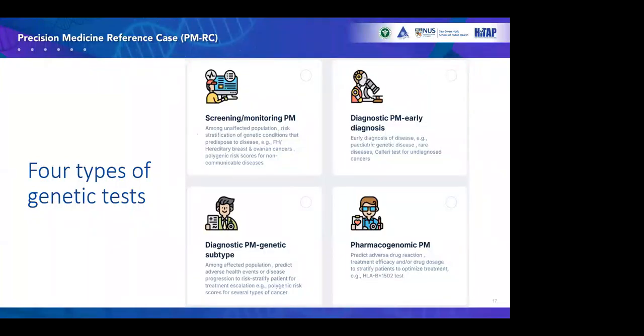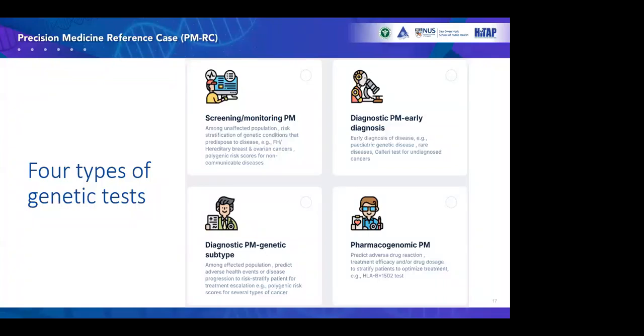After you make the decision, you will come to the next page, where there are 4 types of genetic tests. This reference case is focused on providing guidance to assess genetic tests. We haven't come up with a concrete solution for gene therapy yet. Although one genetic test can have multiple purposes, you can select the one you are interested in evaluating.